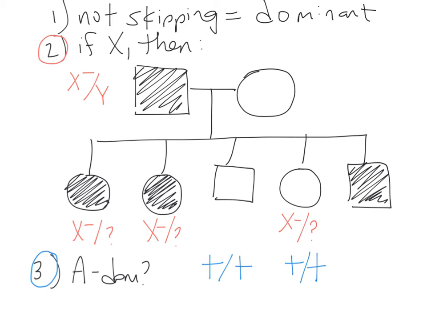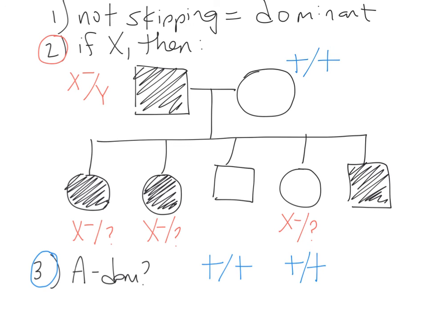Now the problem is for the rest of the kids, for the affected kids, could be heterozygotes, could be homozygous minus. Either of those genotypes would give them the affected phenotype. So now we have to work on, can we figure out the genotypes of the parents? So first we started with the unaffected kids.